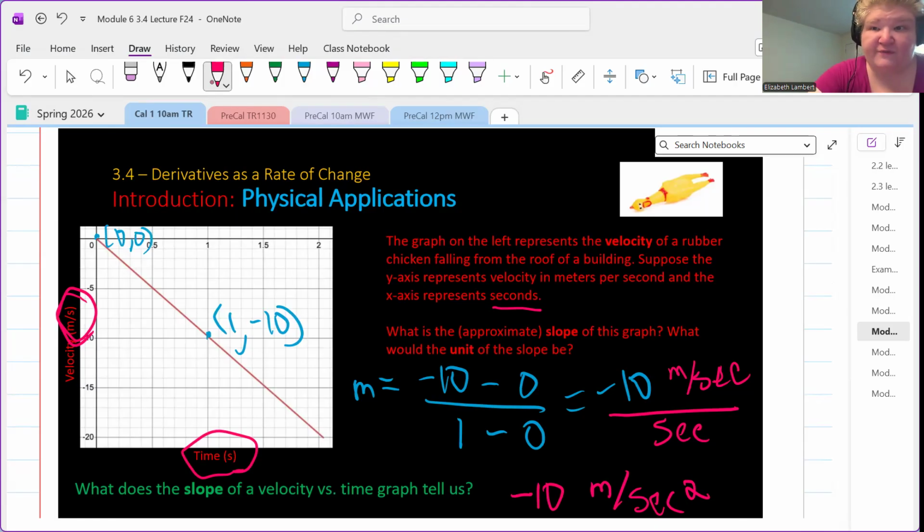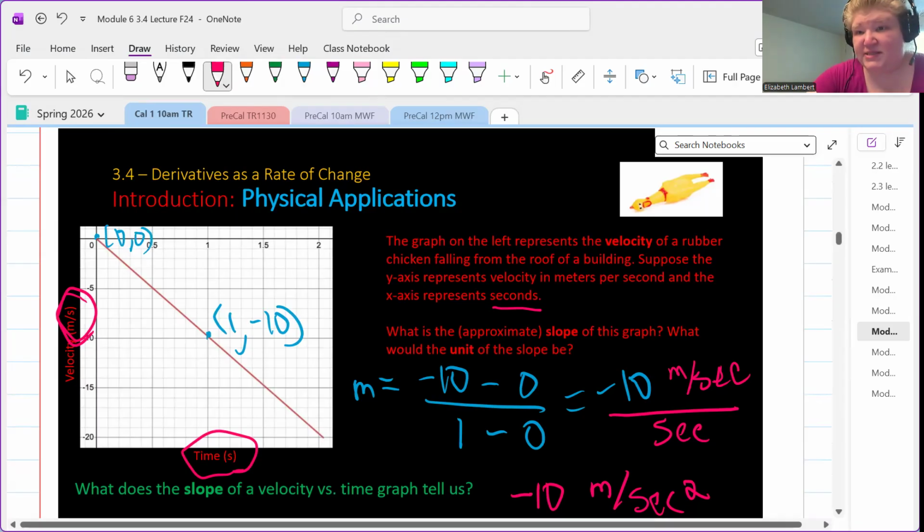And the slope of the velocity graph here is the acceleration. So as more time passes, the chicken is moving faster downward. The acceleration being applied to the chicken is constant, though, because the slope of this line is constant.